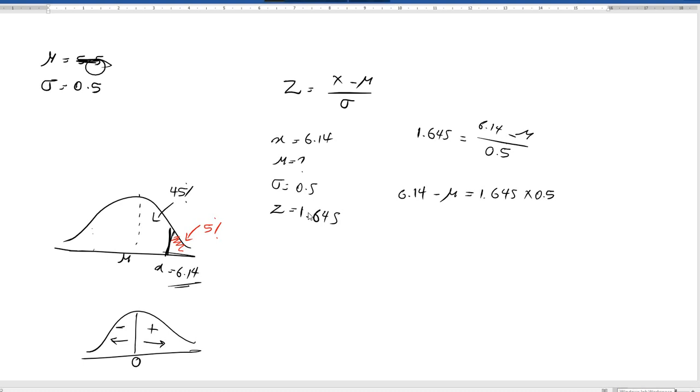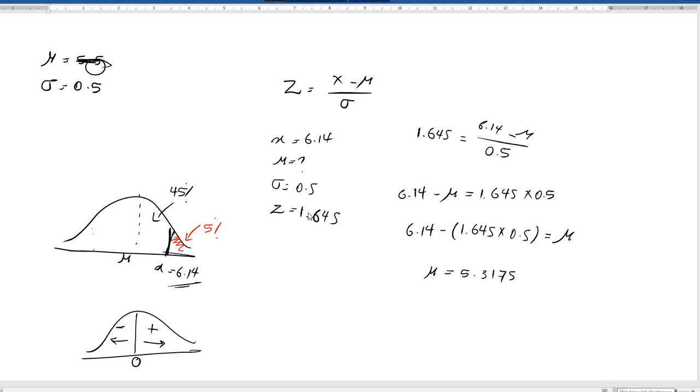I'm basically bringing this mu here and this factor to the left side. 6.14 minus 1.645 times 0.5 equal to mu. So if I solve this, mu would be equal to 5.3175.